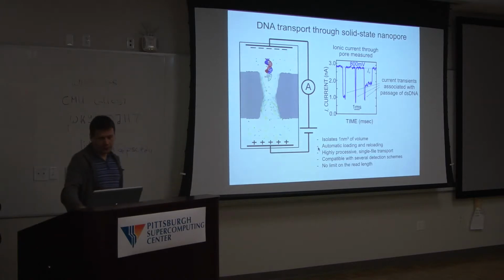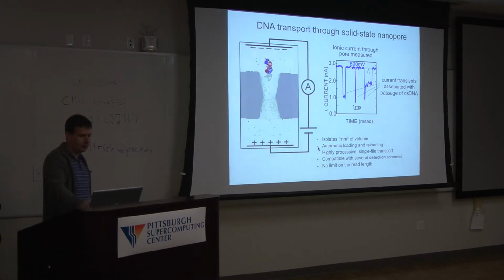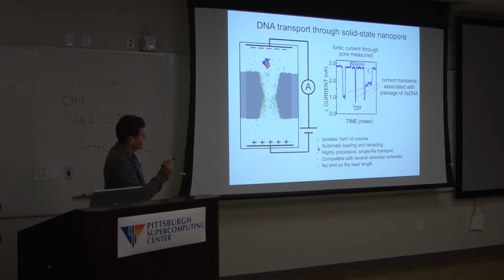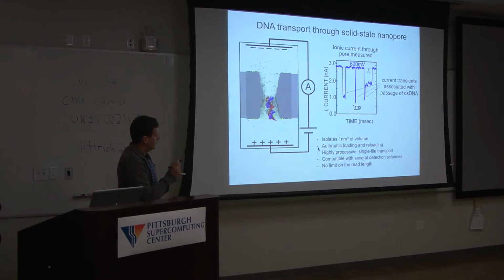So if you take a DNA molecule and place it near the pore, apply an electric field, it will get in and out on the other side, and then the next one will come, and the process will repeat. Here's an experimental trace. Open pore current, DNA in, open pore current, DNA, and so on.